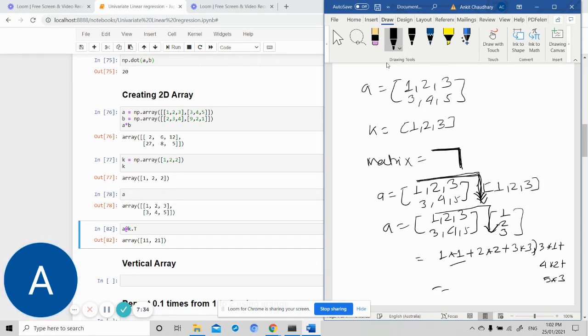So 1 plus 4 plus 9, which equals 14, and 3 plus 8 plus 15, which is 26. So this is how we get matrix multiplication.